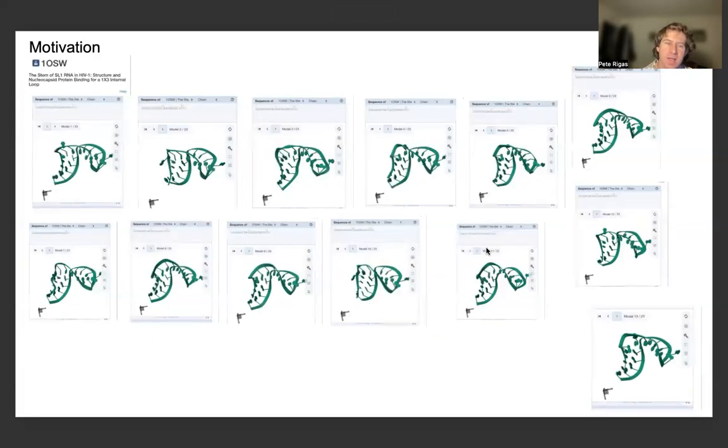And this is just to say that if we look in the public repository, as I alluded to in the previous slide, for our HIV structure, you can see that there are 23 possible models.